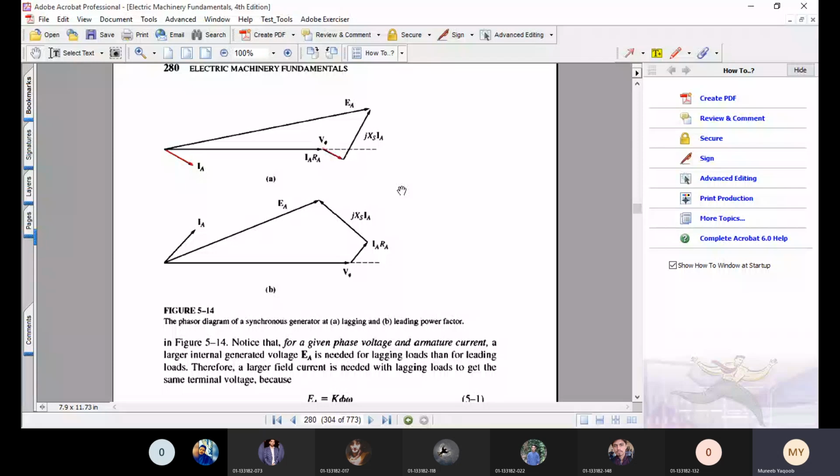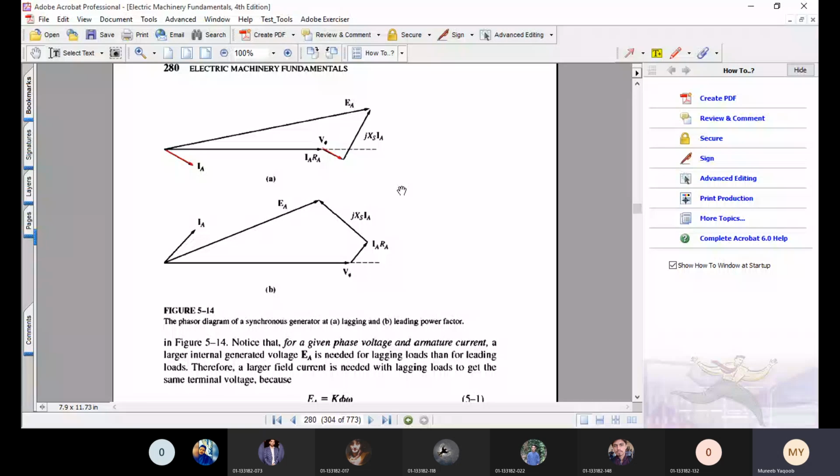That is, we draw vector IARA by multiplying the current IA with the corresponding armature resistance RA. Now this RA decides whether the vector IARA would be bigger than the current IA or smaller than the current IA. In case of synchronous generators, you must remember that armature resistance RA is often negligibly small.